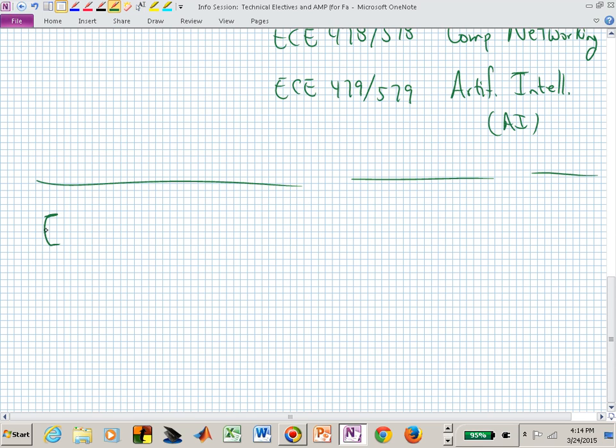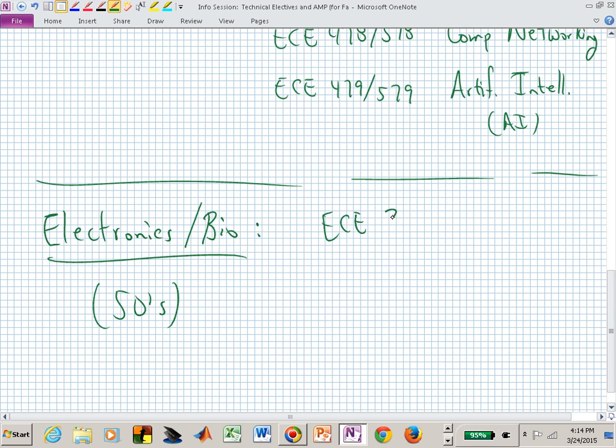If you were now interested in the electronics and maybe some bioengineering, now we are in the 50s in terms of course numbering. ECE 352, that's really only available if you're a computer engineering option because that's required.